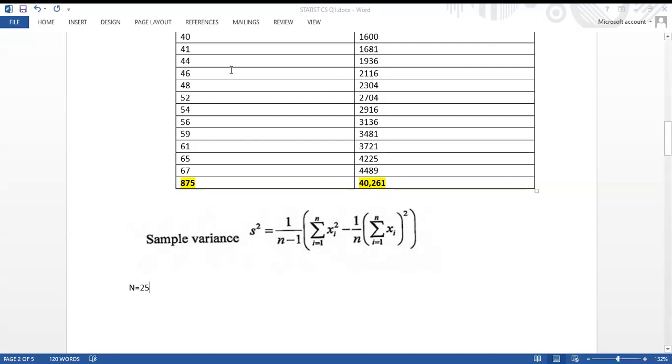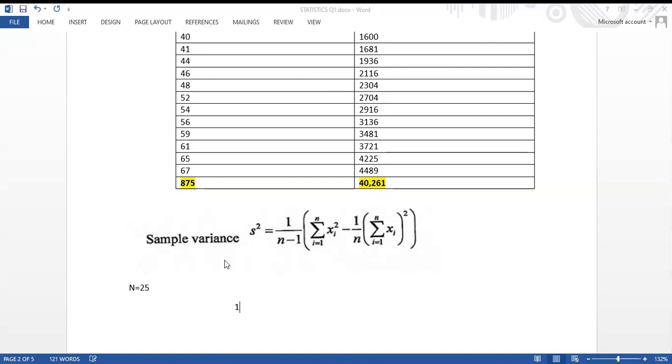We have 25 numbers. Then they've told us the summation of x squared, which is this 40,261, minus 1 over n times the summation of x, which is 875, and we square this summation. So we'll square 875.